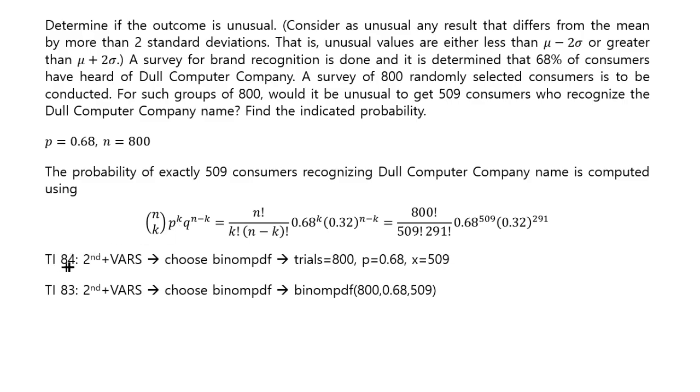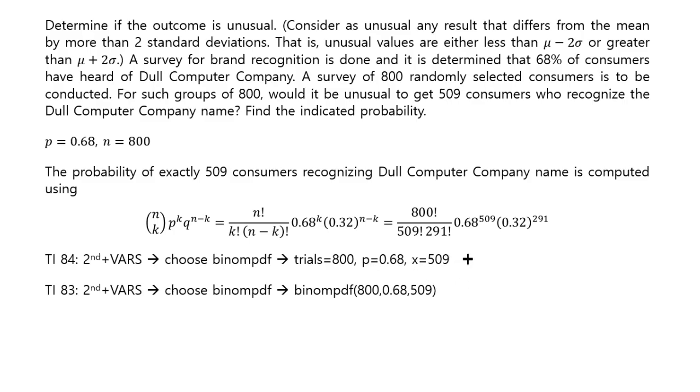If you have a TI-84, you can go to second vars and choose binomial PDF and simply plug in the 800 trials with probability of individual occurrence as 0.68, and I'm looking for the probability that exactly 509 people will recognize. And on a TI-83, you actually have to remember the order. So you have to put it as N, P, and X. Okay, so you have to remember NPX.